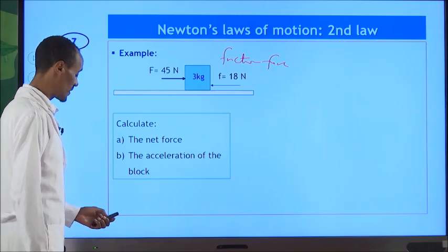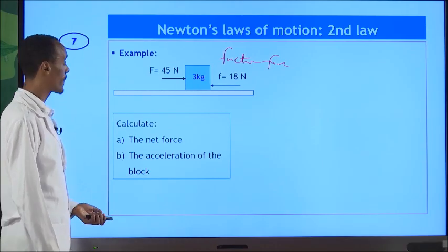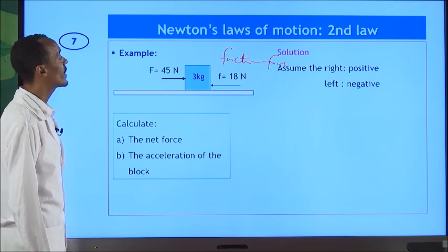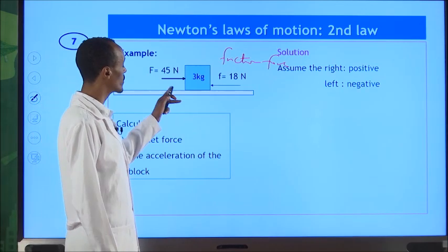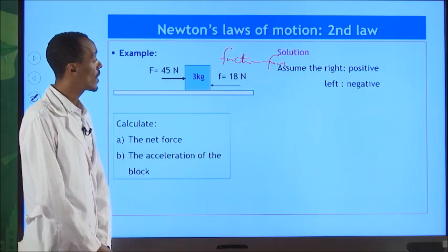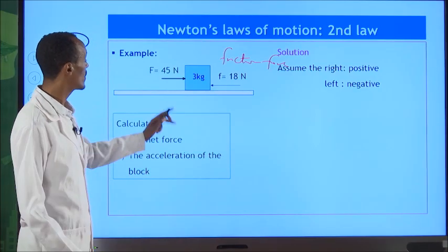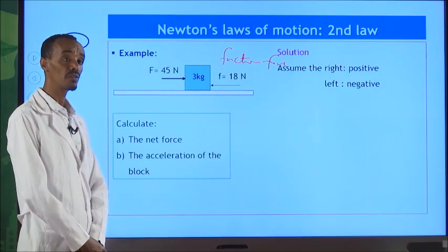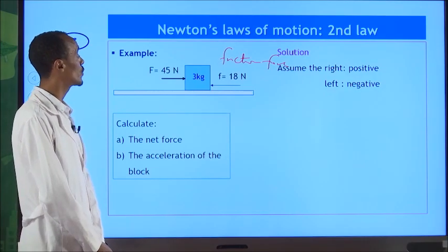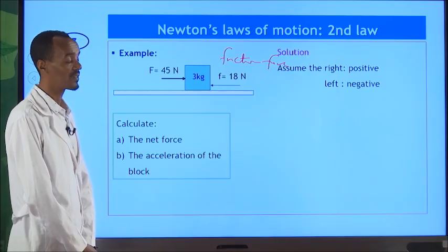Welcome back students. Now let's go through this example one by one. Let's assume, because the force is a vector quantity as we said, we have to take care of the direction. In this case, it is up to us to assign which direction is positive and which is negative.